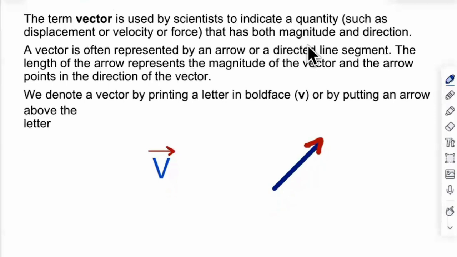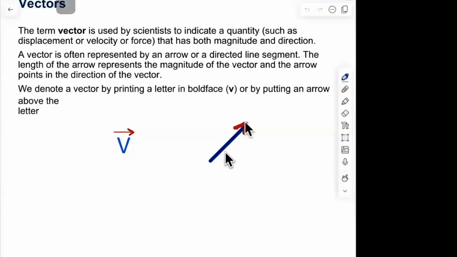The way that you represent a vector is by an arrow. This arrow right here. The length of this arrow is the magnitude, and the direction is where the arrow points. So this is a vector.